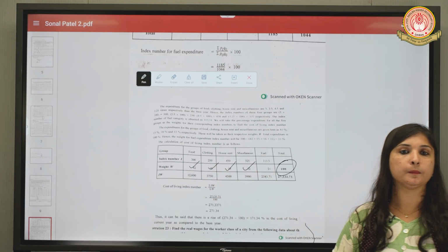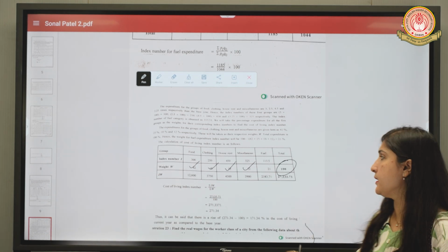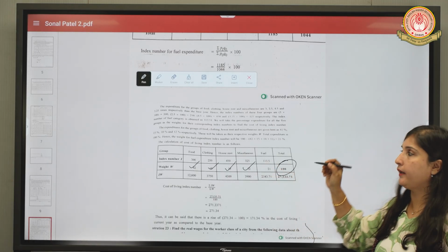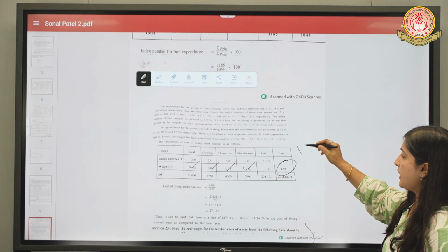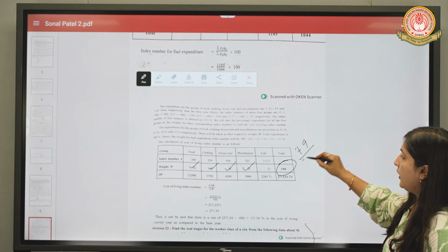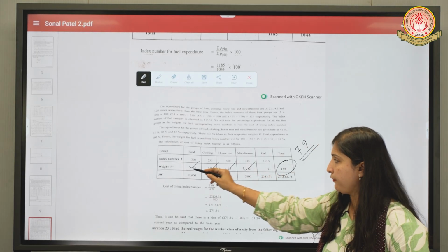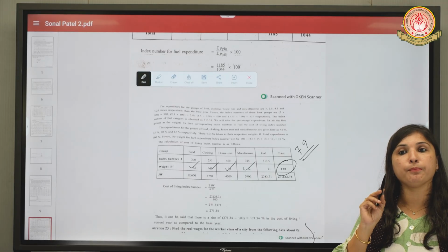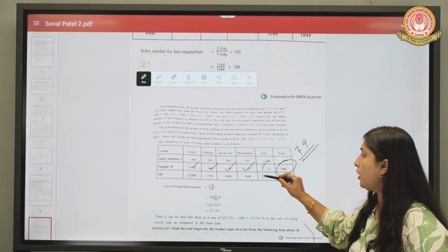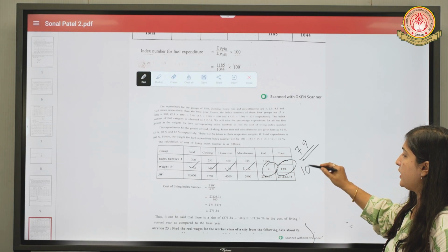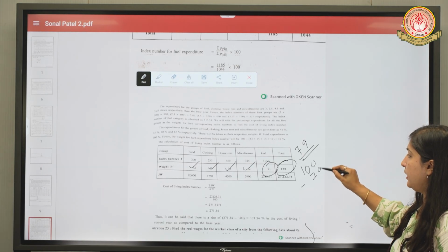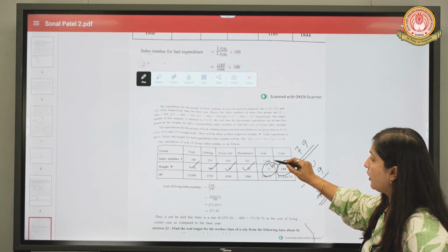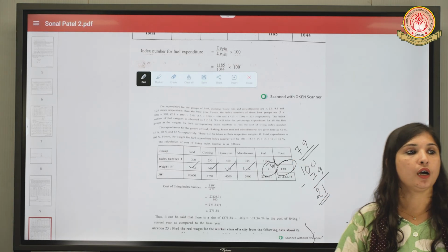What do we get as the total? 79. Yes. Now if the importance of all these items is 79, which importance is remaining? The importance of fuel. The total is 100, so we subtract 79 and we get 21. This is the balancing figure which we have to assume.